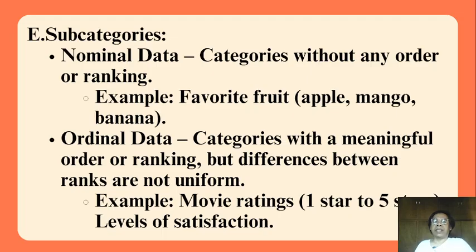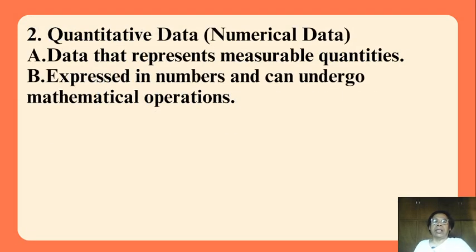And then the second type of data is what we call numerical data. And because these are numerical data, this can be quantified, and that's why it's called quantitative data. This is a data that represents measurable quantities.